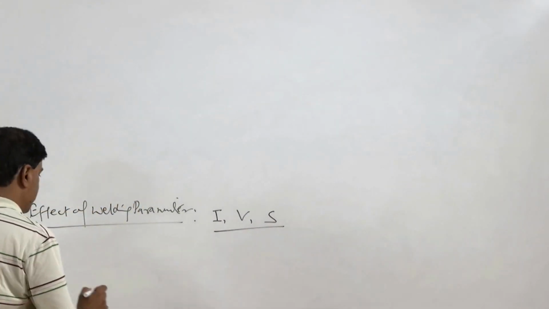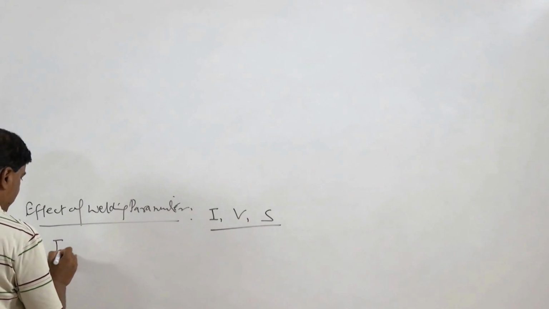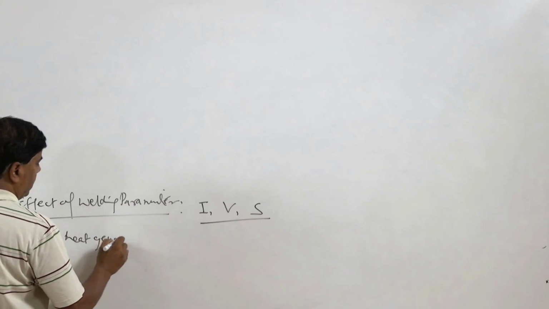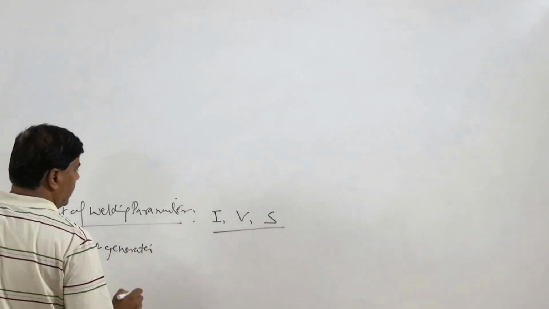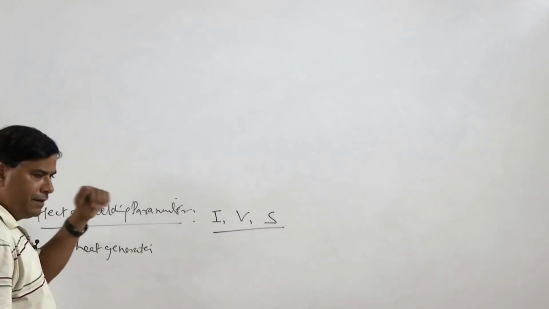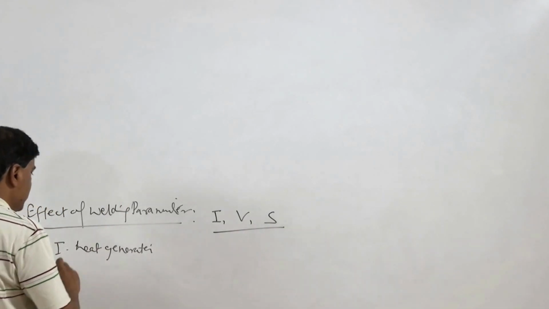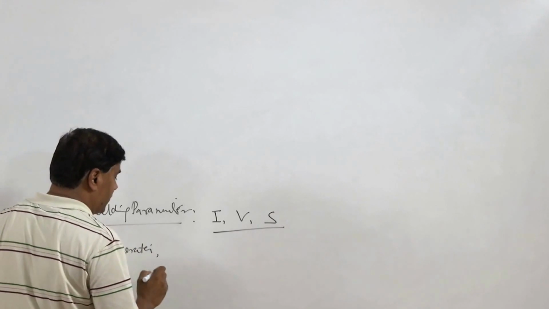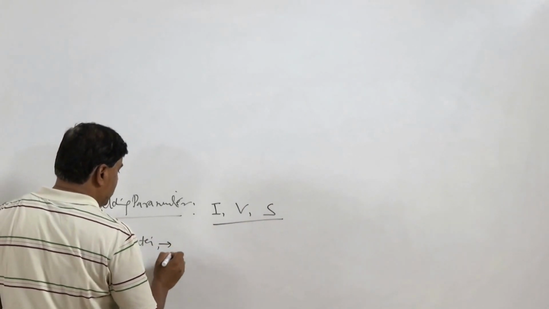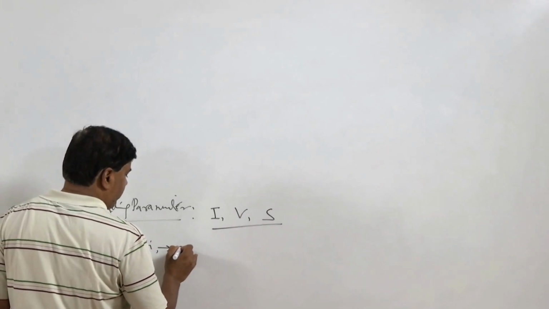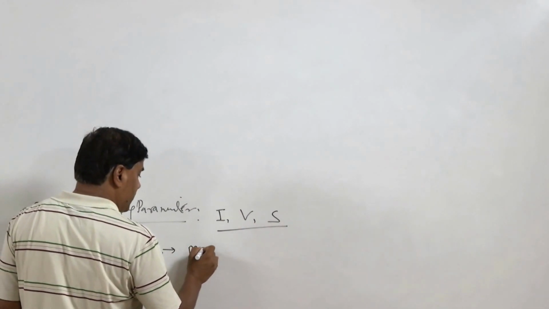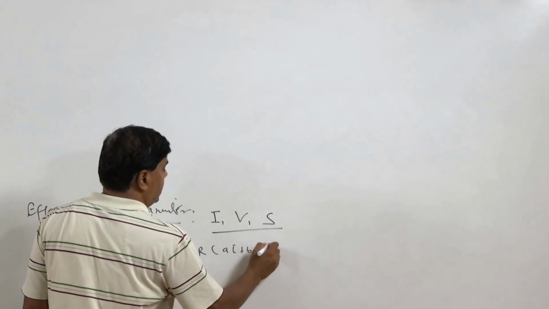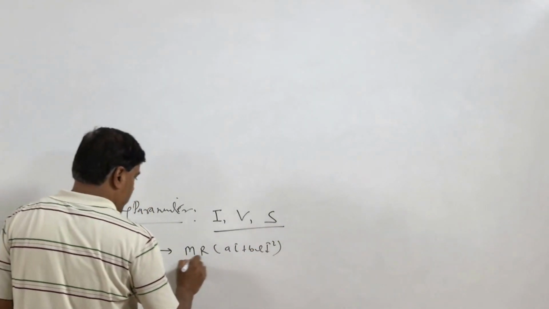We know current directly affects the heat generation, because arc welding is a high current and low voltage process. So, if the current is changed, it affects the heat generation significantly. The change in heat generation affects the melting rate, as we have seen from the I squared R equation.